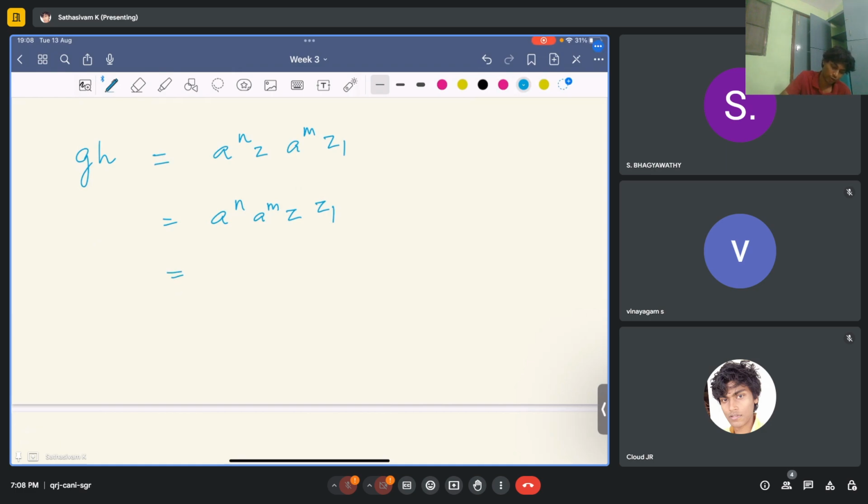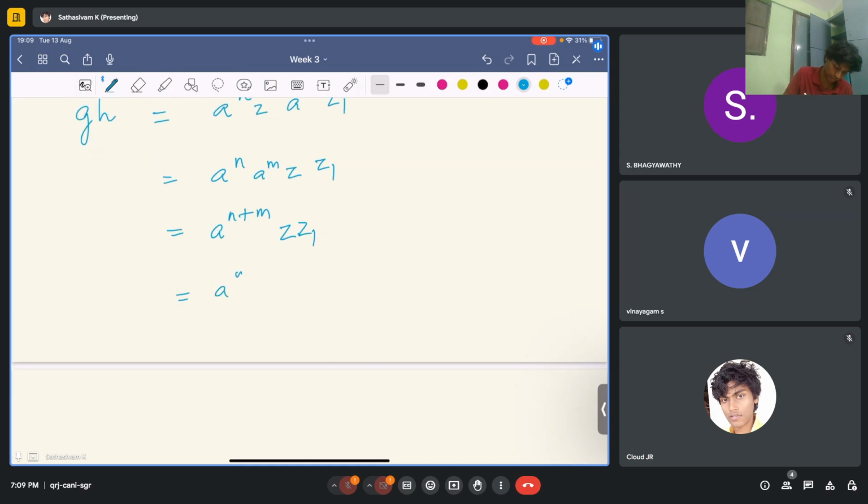So now we moved one element. We moved one step. So we can move this also, right? Because A and A always commute. So any power of n and any power of m. These two elements are basically some power of A, right? So you can write it as A power m plus n.